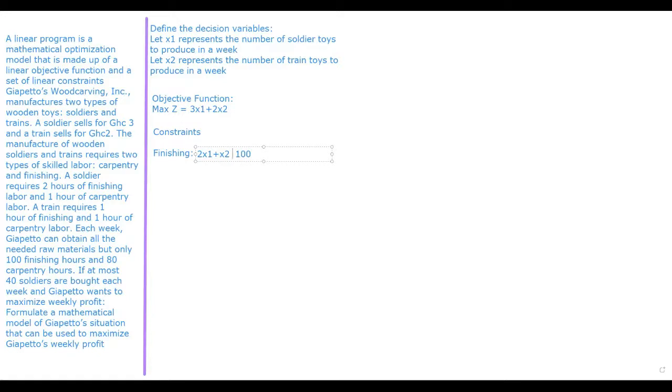Now, if you hear the words, but only, which sign are you going to use? But only. Who can tell me the sign you are going to use?